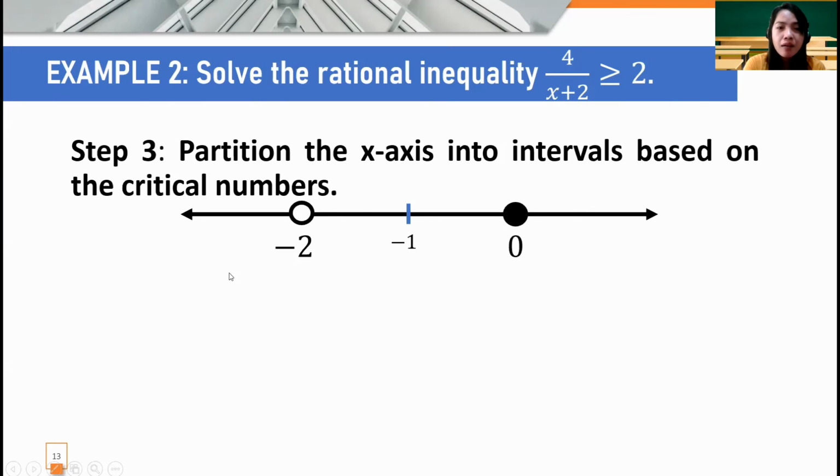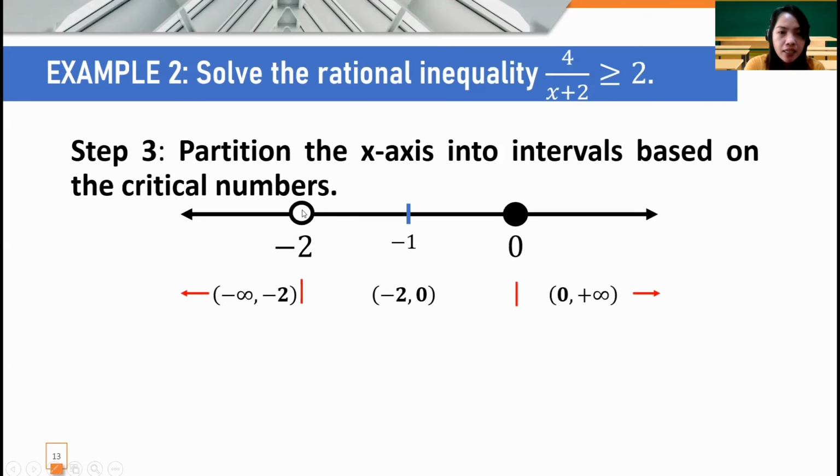So here, magkakaroon tayo ng tatlong parts sa given na number line. This is from negative infinity hanggang negative 2. Yan yung first part. From negative 2 to 0, yan yung second part. At from 0 to positive infinity, yan yung magiging third part mo. So from there, we can have here negative infinity, always katabi ng infinity ang parenthesis, comma, negative 2.